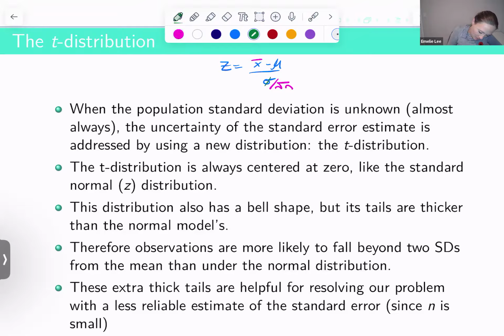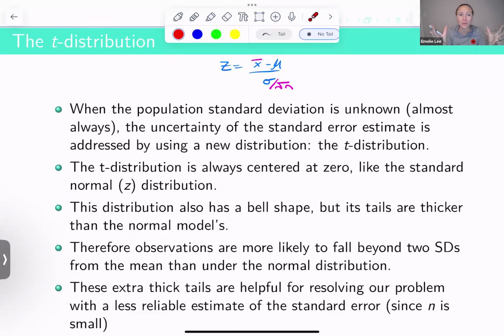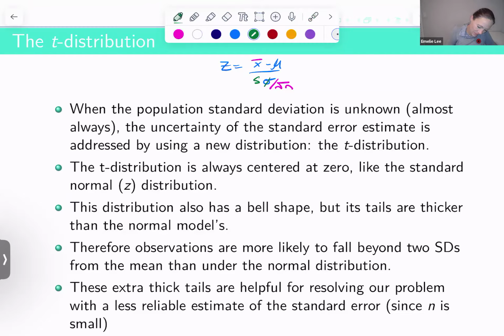But then we said, I don't know the population standard deviation, because that's almost always the case. Imagine this: if you're pretending to know sigma, then at some point you had data on the entire population, and now you're trying to collect a sample to figure out what the entire population looks like. That's bonkers, right? And so we don't have sigma, but I do have my best guess, which is s.